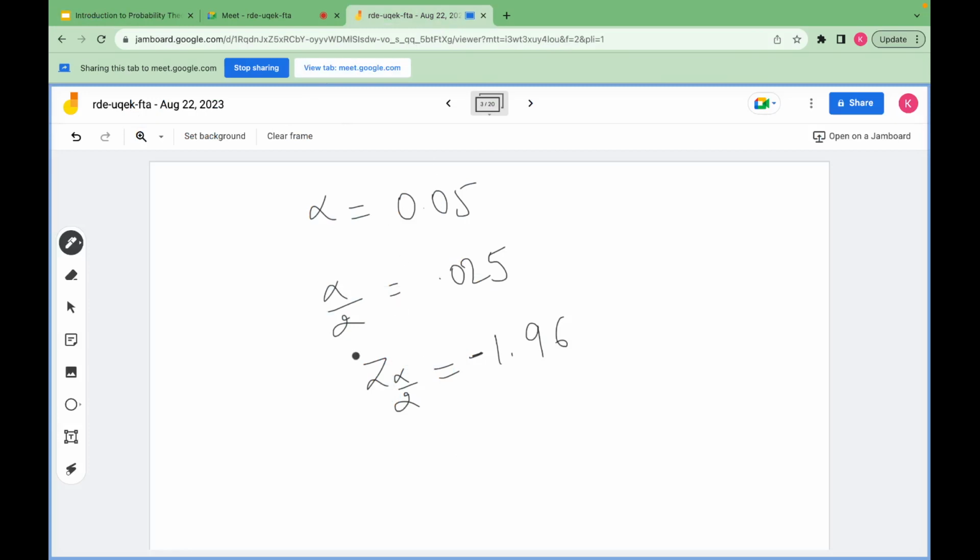You need to take the absolute value for this z alpha by 2. We cannot take this negative value, or if you take this as negative, okay.